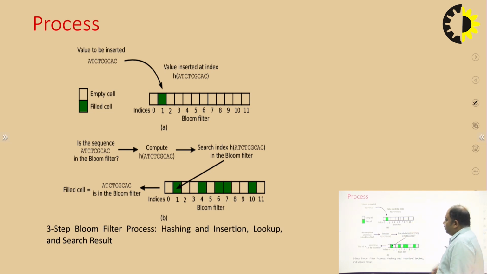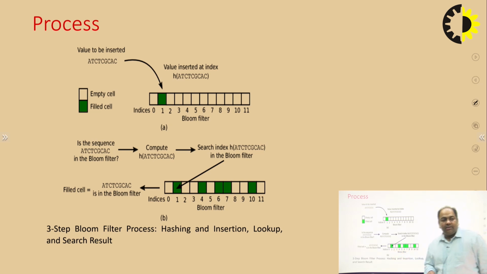We compute the sequence. We check whether the sequence is in the Bloom filter. If it is in a Bloom filter, then we compute that data by using some hash function. Then after applying the hash function, that data is searched in the array. Whether we find that element, that event, in the array or not.